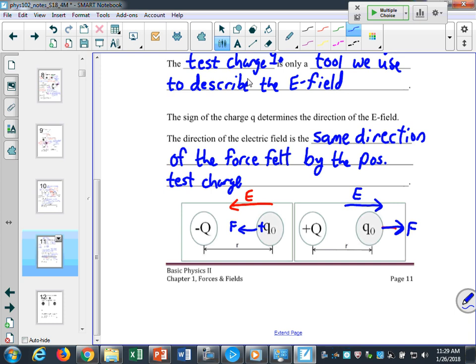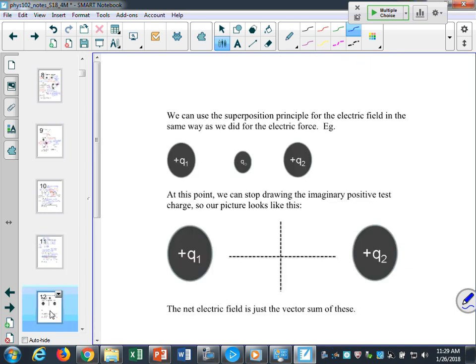So anyway, we find the direction of the electric field. It is the direction of the force that's exerted on that object. Don't worry about it, we're going to have lots of practice with that. Let's say that we have two charges, a positive Q1 and a positive Q2, and I want to know what is the electric field at this point.